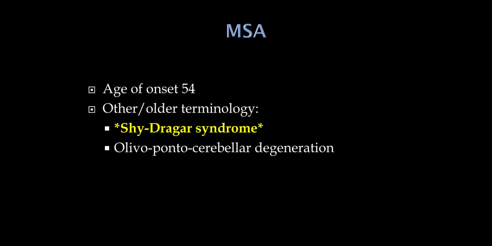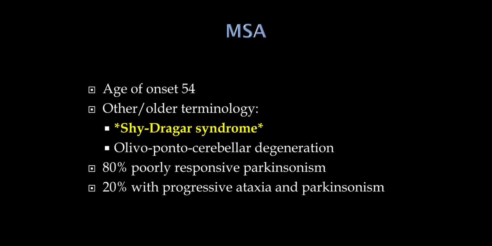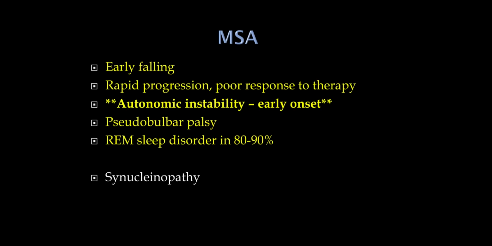Now, about 80% of MSA is Parkinsonism with orthostasis, Shy-Drager. About 20% will have the ataxic form. The older term you don't need to know is olivopontocerebellar degeneration. If we have ataxia with Parkinson's features, we just lump that in and call it multisystem atrophy.